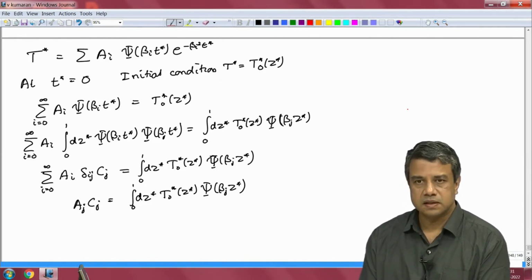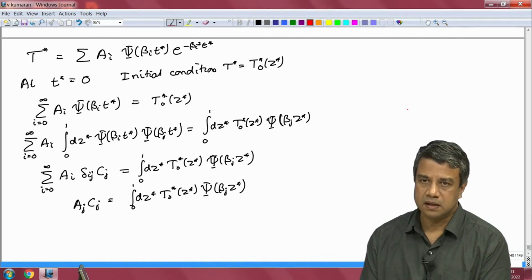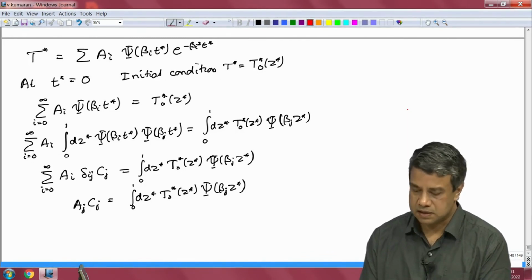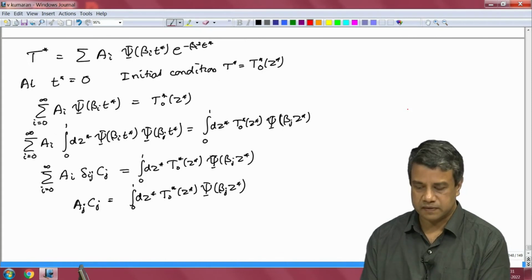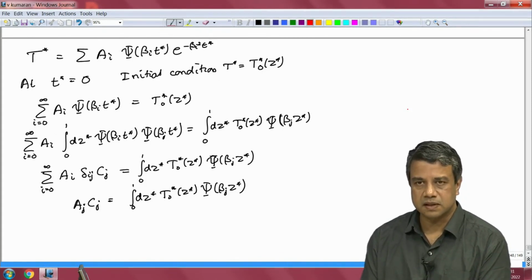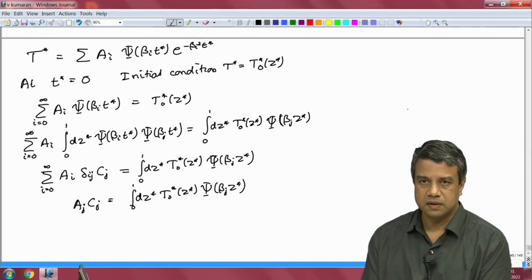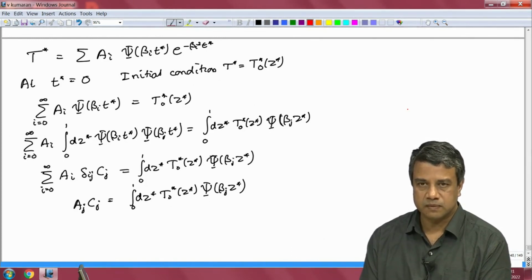So, this is the rationale why we could use orthogonality relations in both of the problems that we had solved. It is not a coincidence that when I multiplied it by another function and integrated, I got 0. The reason is because the boundary conditions are homogeneous, and it is what is called an eigenvalue problem.